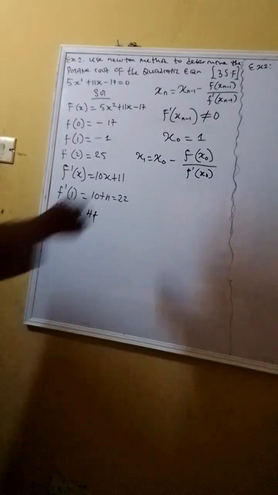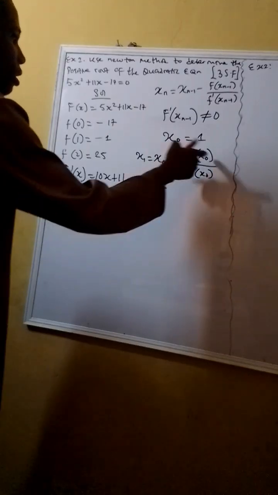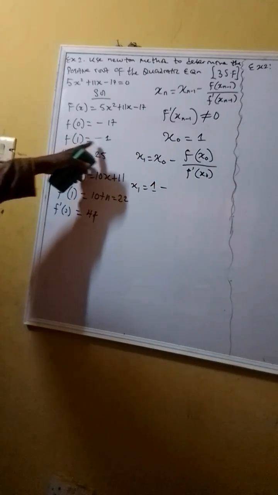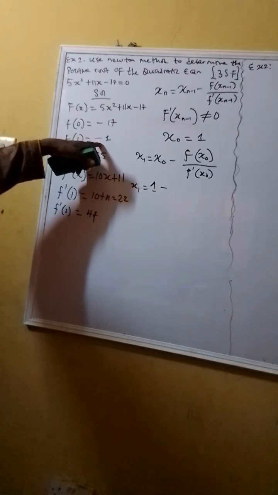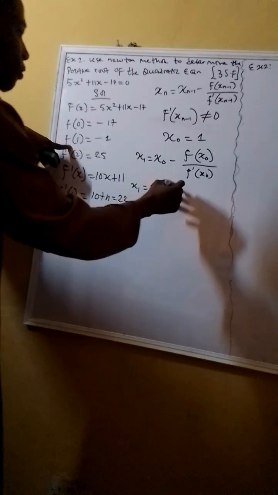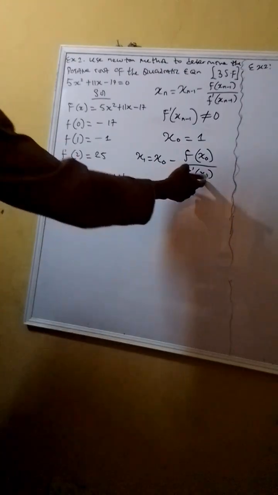So from this aspect, our x1 would be equal to, what is the value for x naught? You have 1. So that will be 1 minus the function of x naught. When you insert 1, it gives us negative 1. Do not forget, this is the function of x naught when x naught is 1. So you have minus into bracket negative 1 over the differentiated function of x naught.